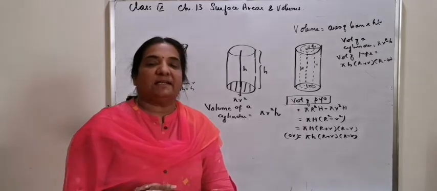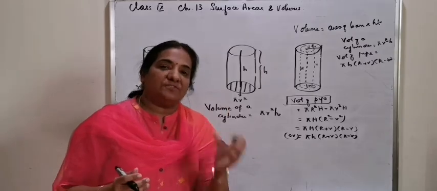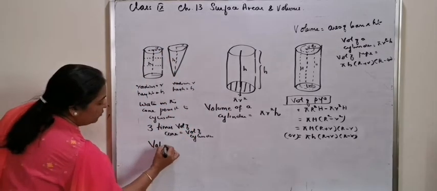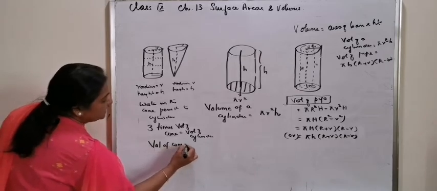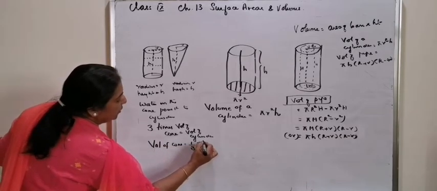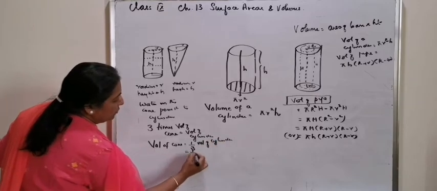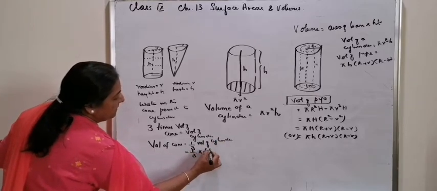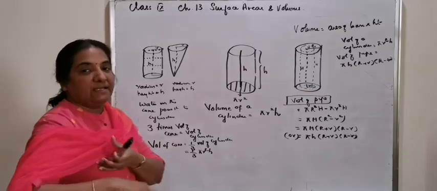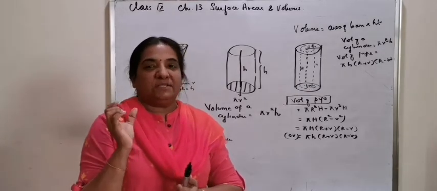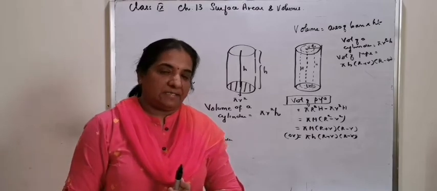So what is the relation between the volume of cylinder and volume of cone? Volume of cone is 1/3 volume of cylinder, or volume of a cone is 1/3 pi r square h. That means you are taking a cone and a cylinder with the same radius and same height.